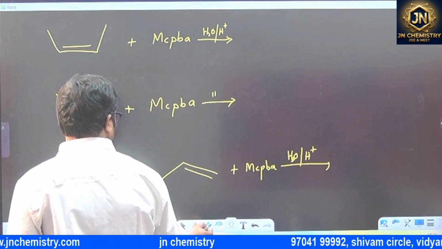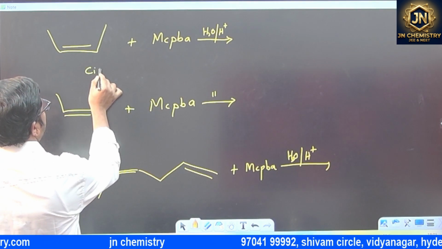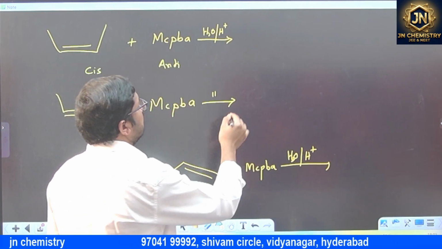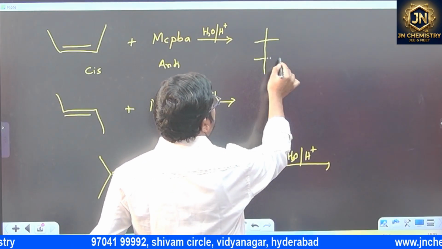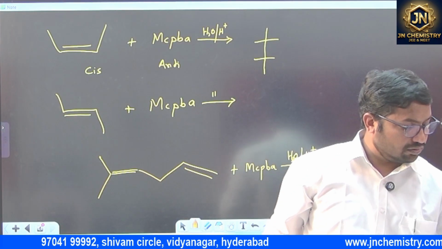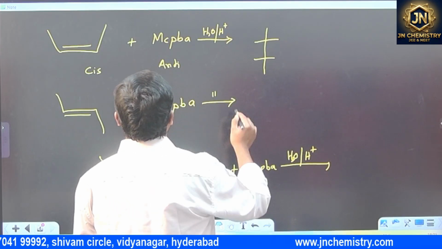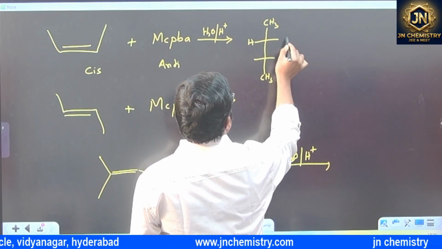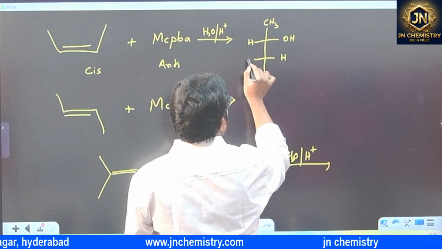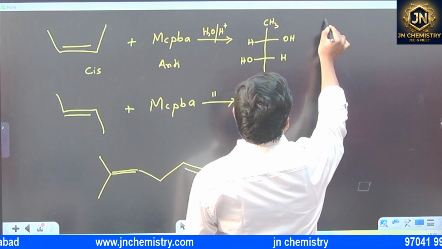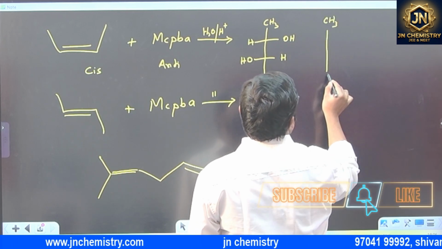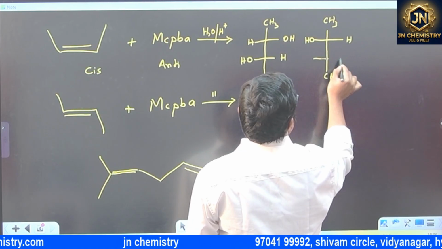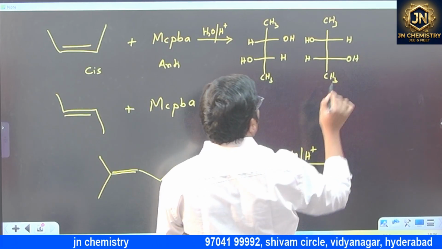Okay, now this is cis, right? This anti-addition gives racemic mixture.